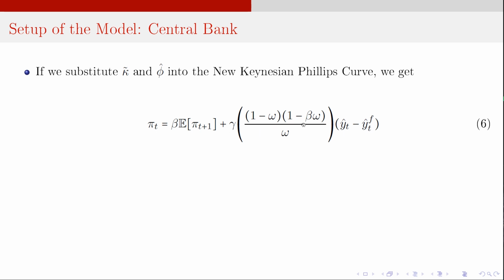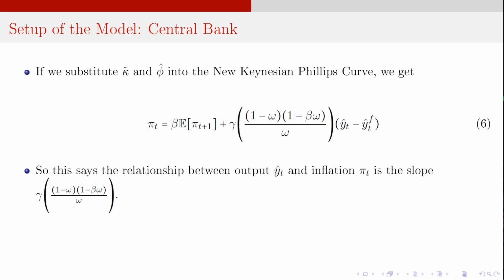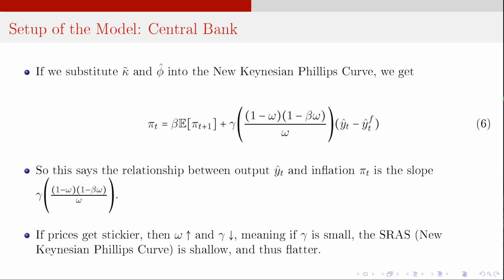So gamma times this stuff times YT hat means the slope is gamma times this. That's the relationship between inflation and output. So this is the slope.